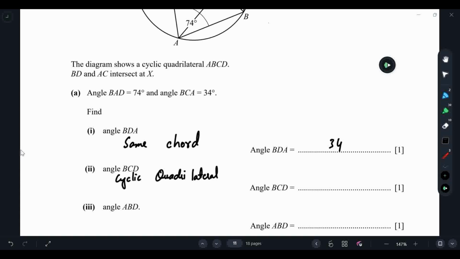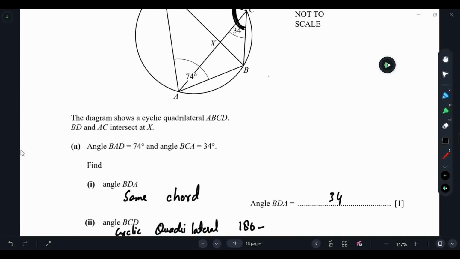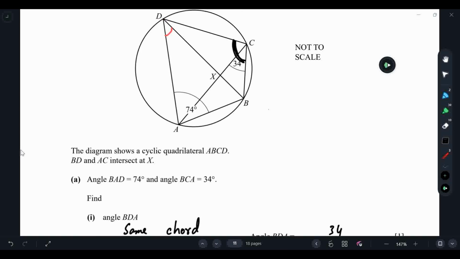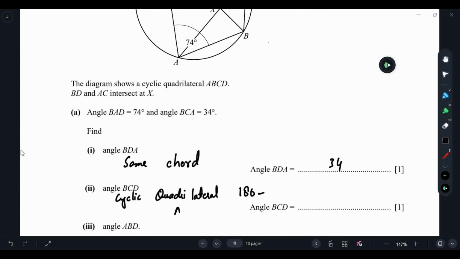So 180 minus 74, because we know that, let me write cyclic quadrilateral ABCD, 180 minus 74, so this will be equals to 106. This will be the final answer.